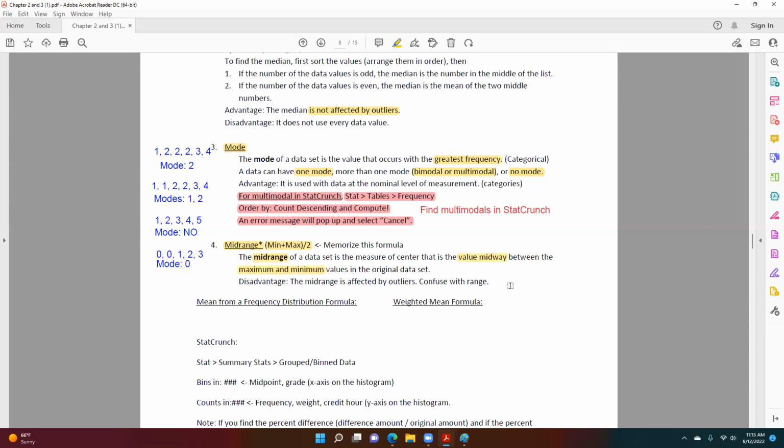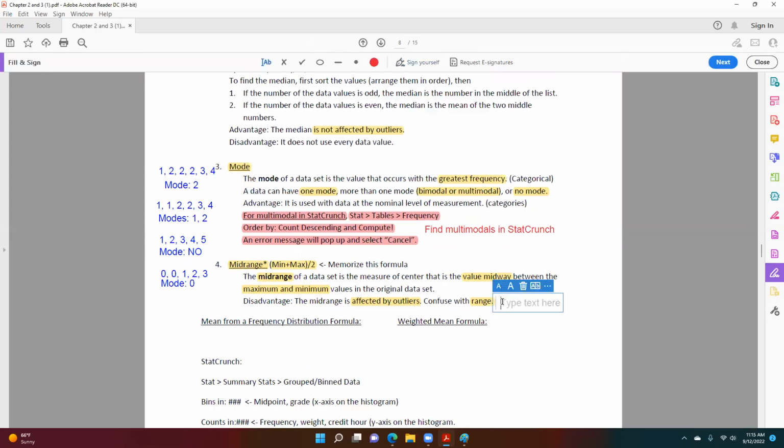Mid-range in this case will be affected by outliers. A lot of students get confused by range. Range is maximum minus minimum. A lot of students on my test get confused between mid-range and range.